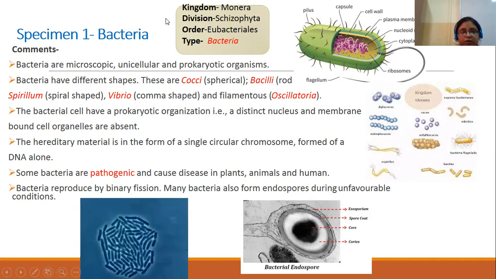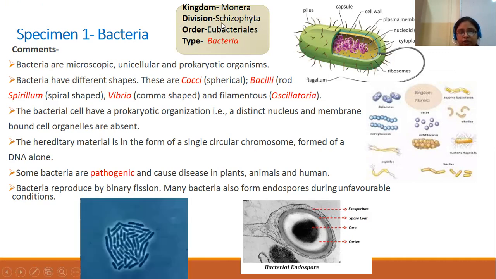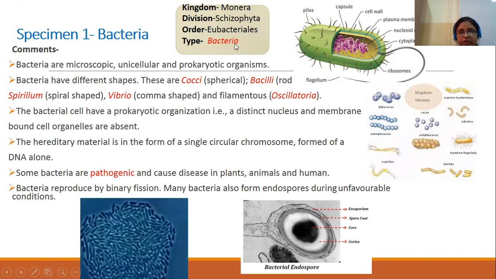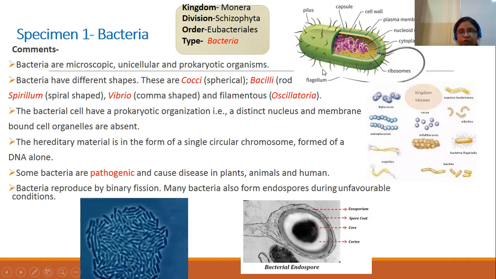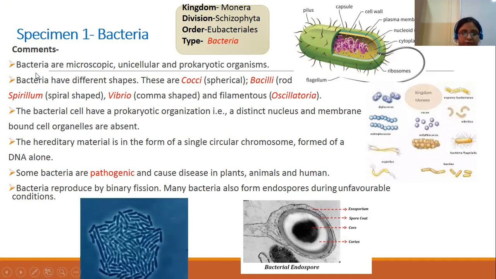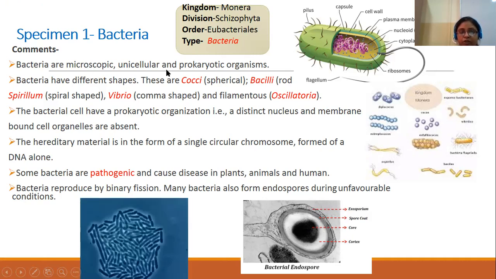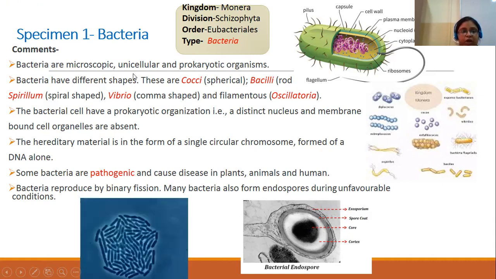The bacteria belongs to the kingdom Monera. Division is the Schizophyta. Order is the Eubacteriales and type is the bacteria. And this is a diagram showing the structure of the bacteria. So first of all, what are the bacteria? These bacteria are microscopic, unicellular prokaryotic organisms.